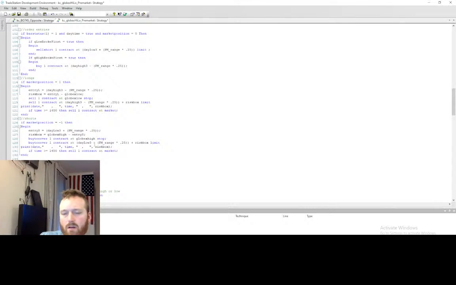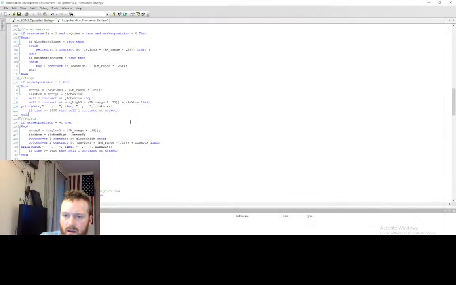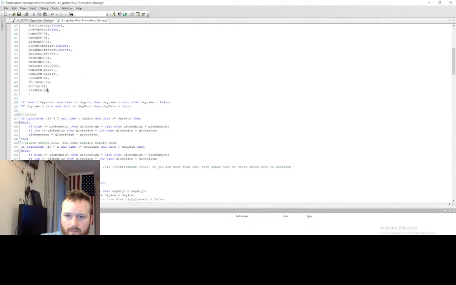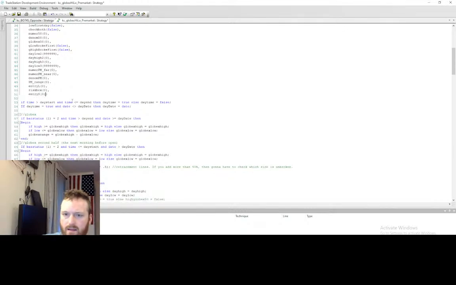Day low plus that 25%. So from where I entered to my Globex high is my risk box, and that is what that looks like. And then I'm basically adding risk box, so I should not do that. I should subtract risk box from the entry price. There you go. And then entry S is one more. And that should be it.